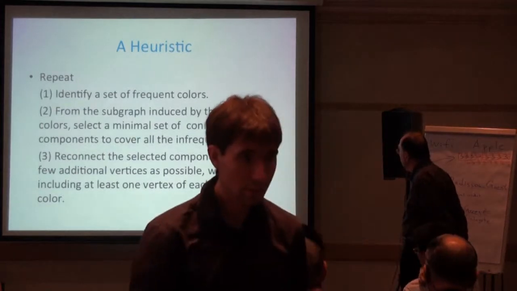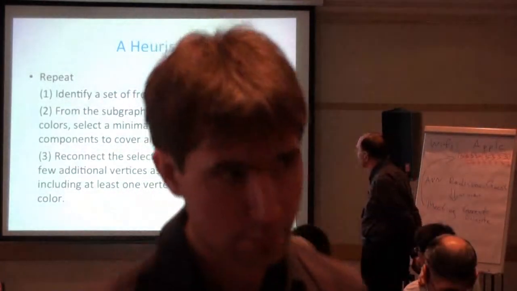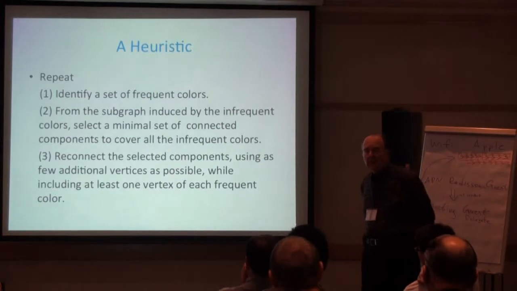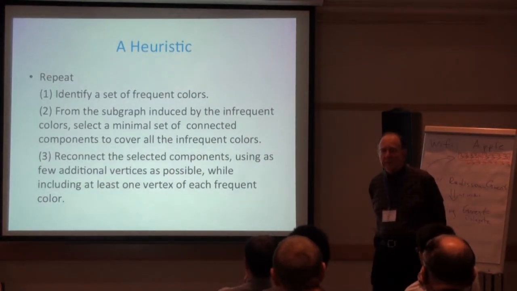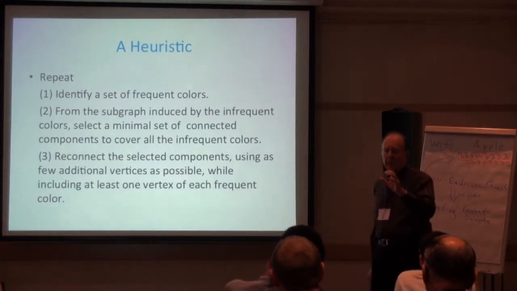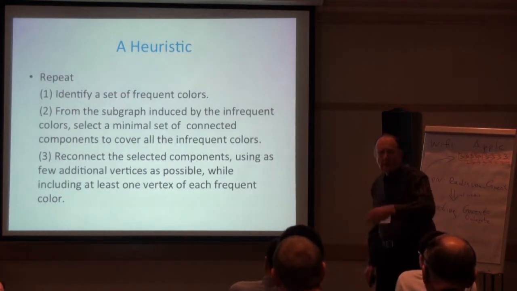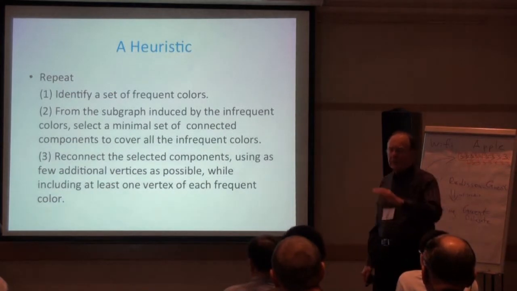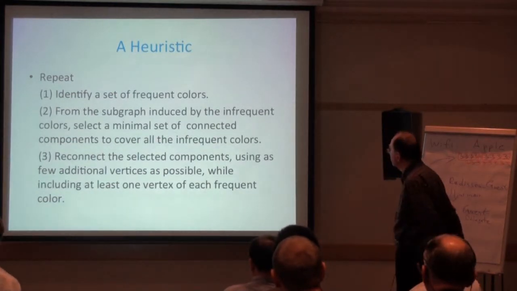And we'll focus on removing vertices of those frequent colors, as well as possibly removing vertices of the other colors to get a smaller graph which maintains the property of being connected and containing at least one vertex of each color. And we're just going to iterate this process.